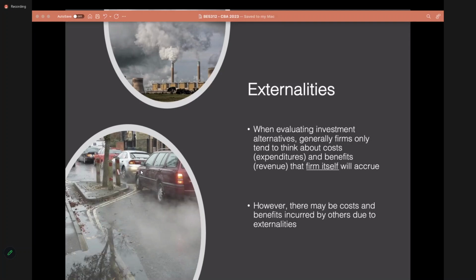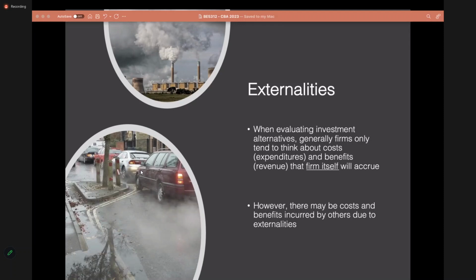So my costs might be my construction costs, my land costs, and then once the building is constructed, the operational costs, all those things that I will have to incur. My expenses. And then my benefits might be whatever income I get once I rent out the apartments. So those are the costs and the benefits to the investor, to myself.